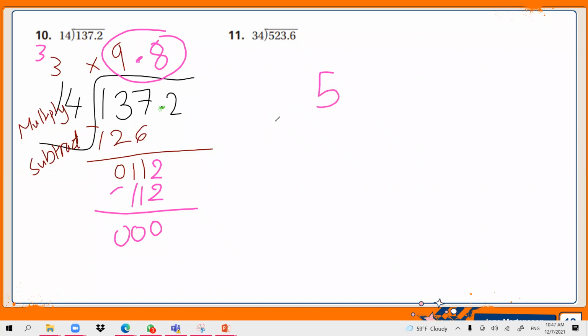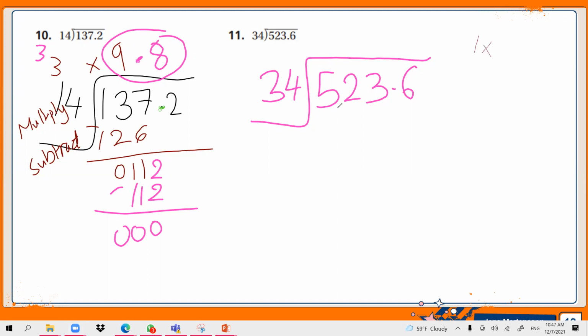Yes, Noor. Look here. Start with 5. No, just a minute. 5, can you divide by 34? No. 52. Can you divide by 34? Yes. How many 34 in 52? 2.